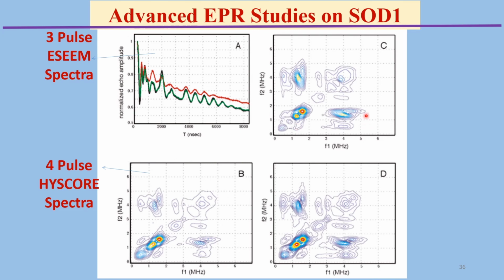We have also used advanced EPR techniques to study the active site geometry changes in SOD1 during thiol oxidase activity and peroxidase activity using 3-pulse ESEEM electron spin echo envelope modulation spectra and 4-pulse HYSCORE spectra shown here.